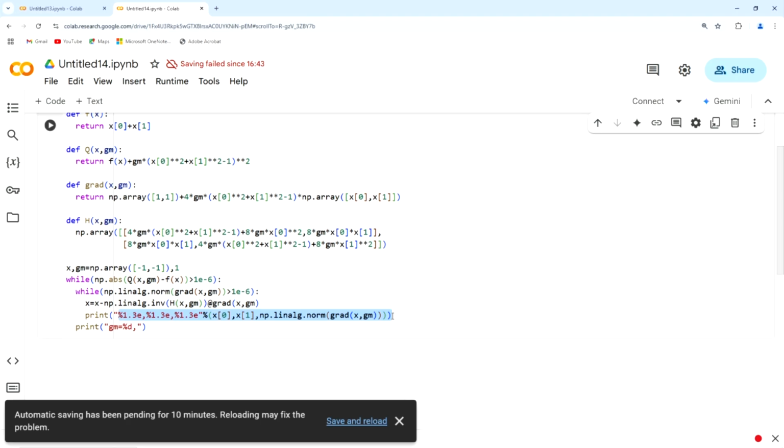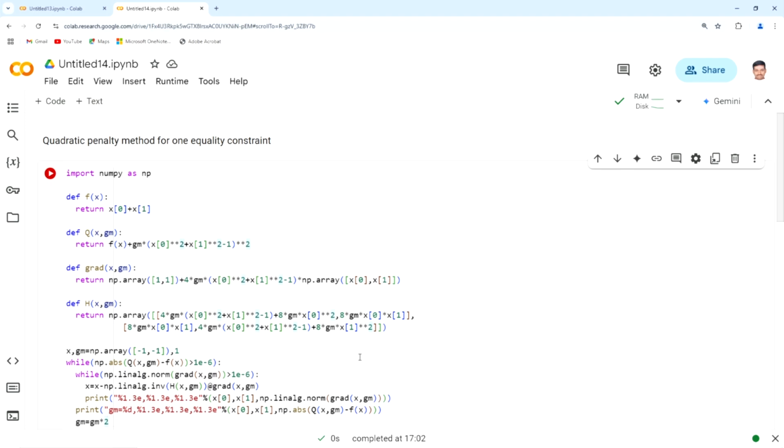So, this is going to differ, but I think I can copy here, just that here I should change it as np dot abs of q of x comma gamma minus f of x. Okay. And of course, you need to multiply your gamma by 2. So, this is roughly the code. Okay. Fine. So, let us run this algorithm.